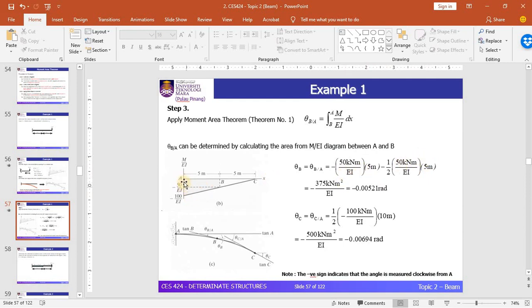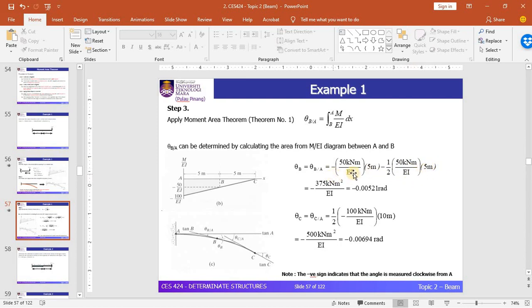The area of the rectangle here is 50 over EI multiplied by 5 meter, and for the triangle, the area is given by half of 50 over EI multiplied by 5 meter.